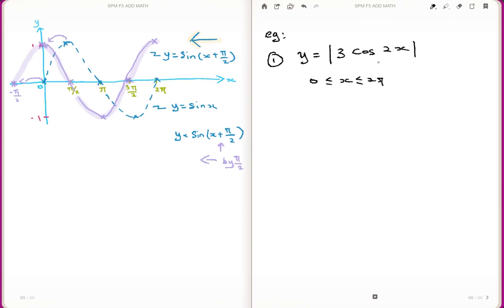The base curve is cos x. The working curve is cos 2x, meaning over the same range of cos, you are supposed to have two cos curves. Then you change the amplitude to maximum 3, negative 3, and then you invert all the negative into positive. That's all about it. So let's do it.